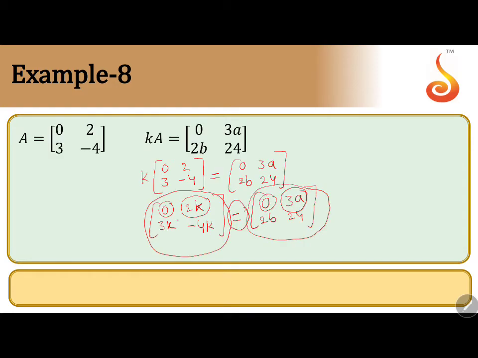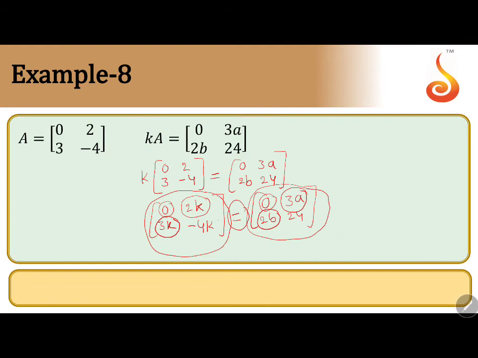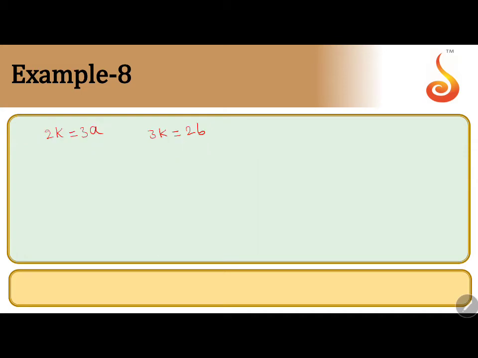Next, second row first column element: 3k is equal to 2b. Second row second column element: -4k is equal to 24. Now we have three conditions here.